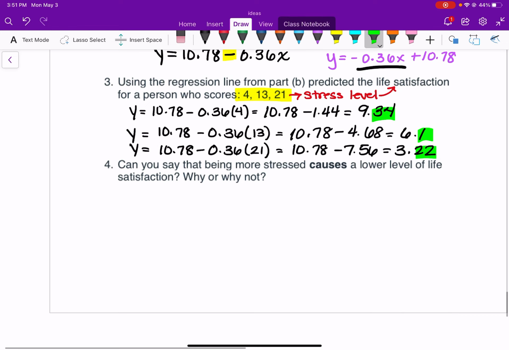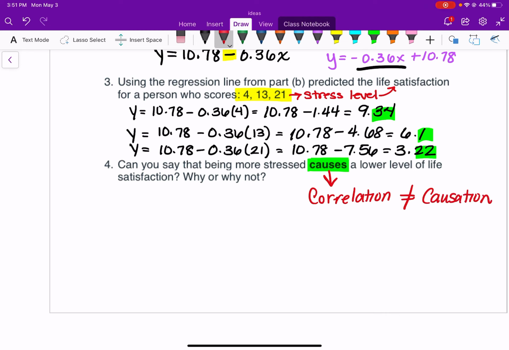Now, the last one says, can you say that being more stressed causes a lower level of life satisfaction? Here's the deal. This is the key word on this one, causes. I want you to understand that correlation is not causation.